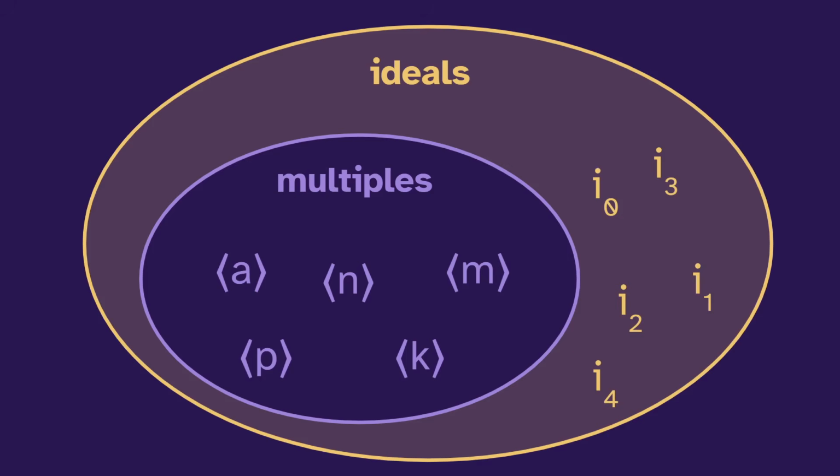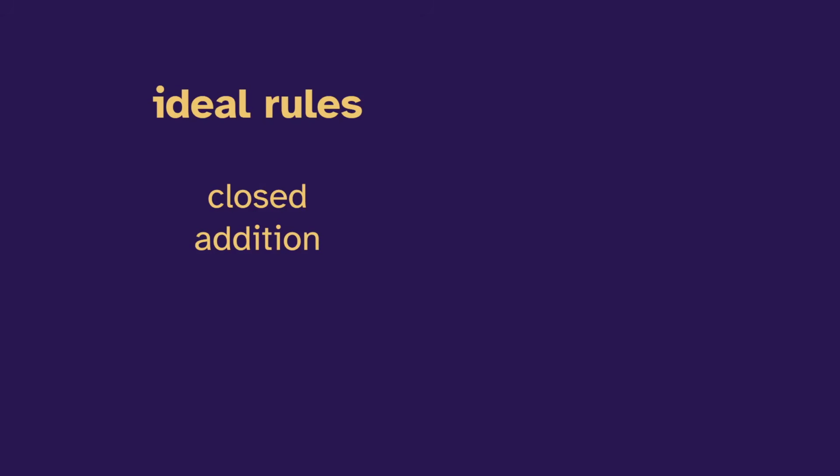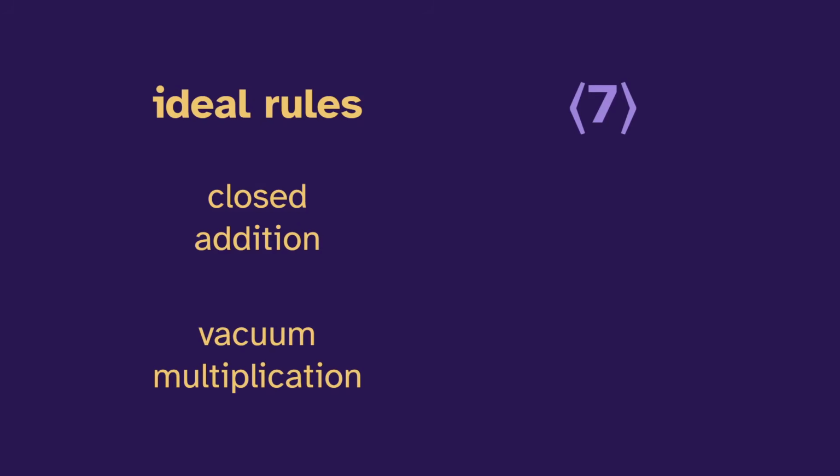An ideal just has to follow 2 rules: closed addition and vacuum multiplication. So, for example, with the 7 ideal, adding 2 multiples of 7 gives another multiple of 7. Addition is closed. And multiplying a multiple of 7 with anything gives a multiple of 7. Multiplication acts as a vacuum. The ideal pulls everything into it.